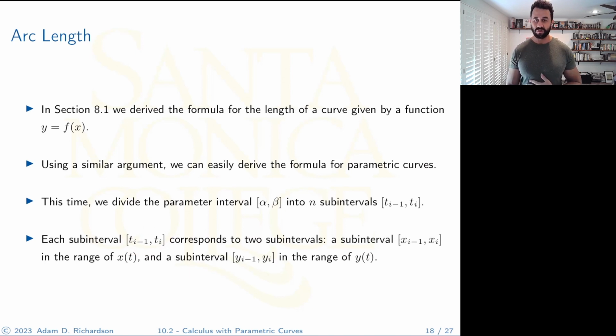Each one of those subintervals corresponds to two other subintervals, a subinterval in terms of x in the range of the function x, and a subinterval in terms of y in the range of y. Again, that's because our parametric equations are functions of t. So if we talk about this time interval, it corresponds to two other intervals in terms of x and in terms of y.